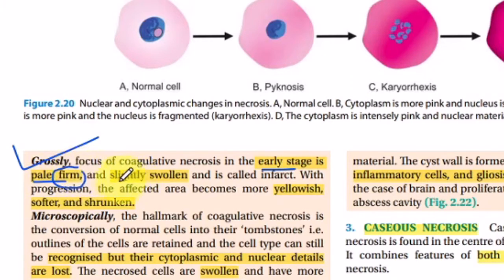It is also swollen because of accumulation of fluid and edema. But as the necrosis progresses, the organ becomes more and more yellowish, or paler, and because of hydrolytic reactions it becomes soft, and the size is reduced; it becomes shrunken.